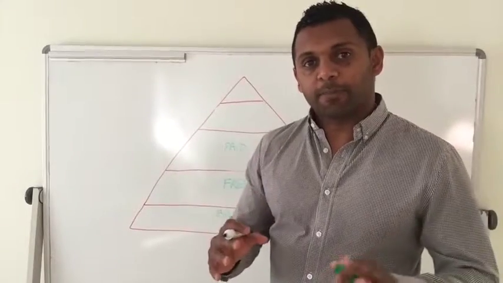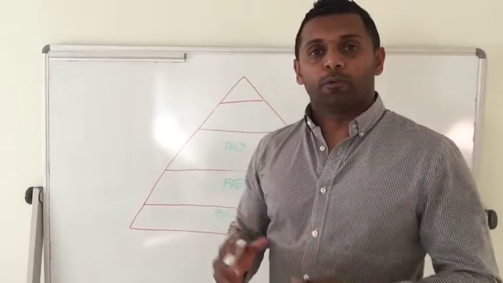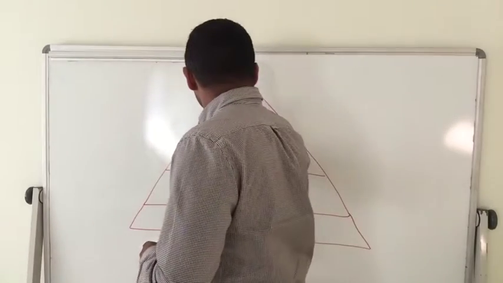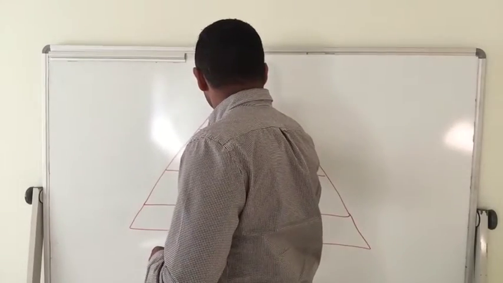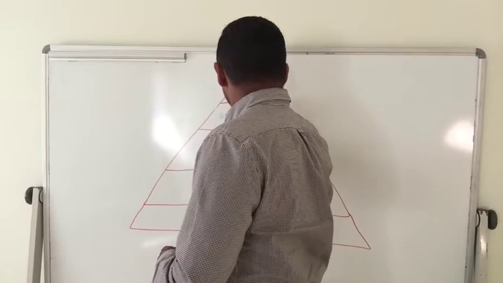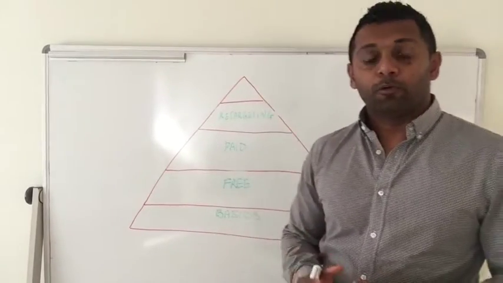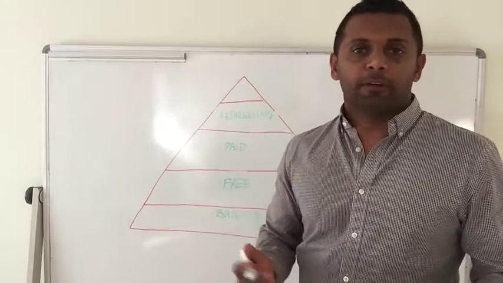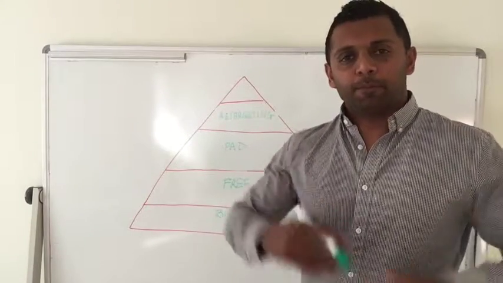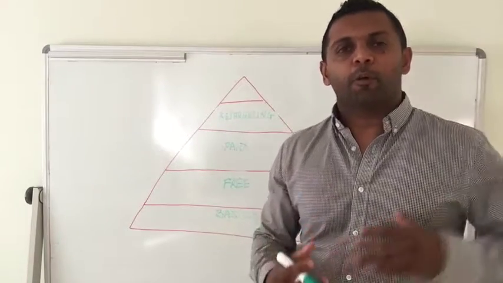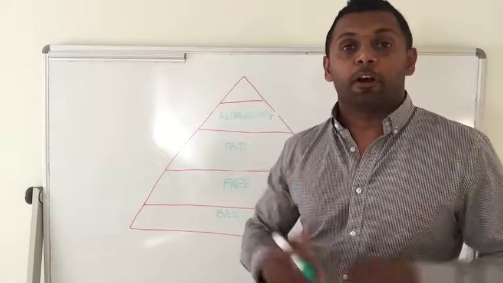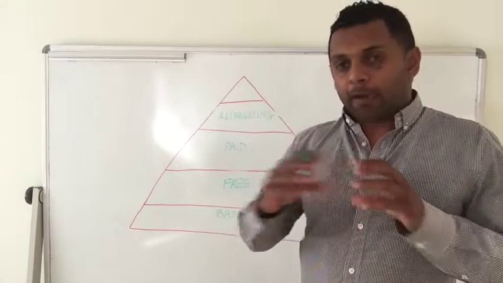Okay, so the fourth step now is what I call retargeting. By retargeting or remarketing, as you may have heard of, it's basically where people come to your website and then they may go to a website like, let's say, Sydney Morning Herald or 9MSN, and an ad will start appearing.